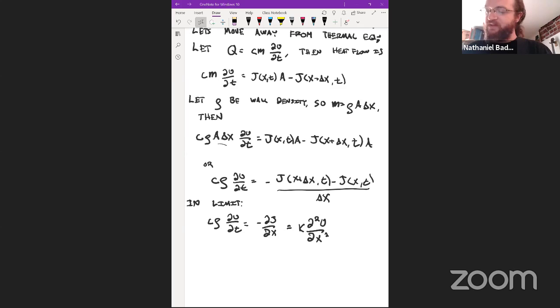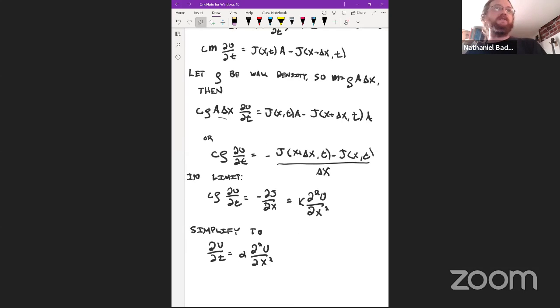We can simplify this by combining constants, and we have our first partial differential equation.